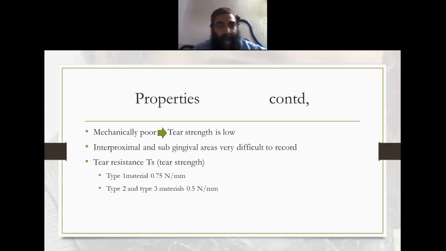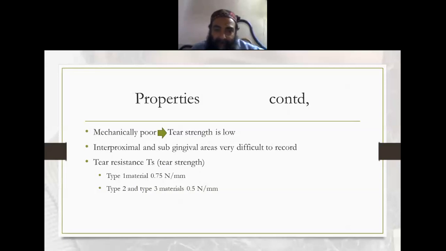So it is a mechanically poor object which we have taken from the patient's mouth, and care should be taken with this agar impression. Tear strength is low. Tear means to be torn apart. So if you stretch it, it will be torn apart easily. So its tear strength is low.